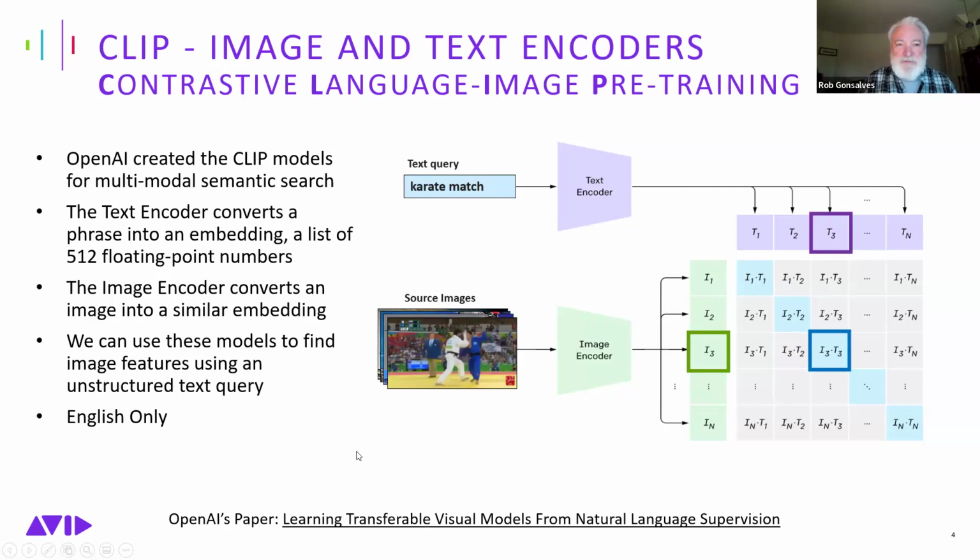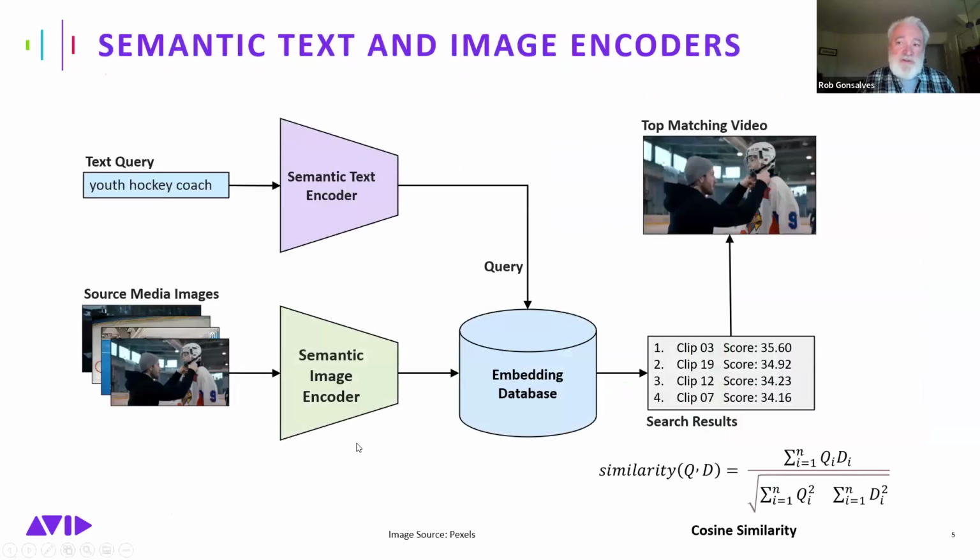And there's OpenAI's paper. Our customers use this where they have a database of media or an asset library. A background process could scan images and generate an embedding using the CLIP image encoder.